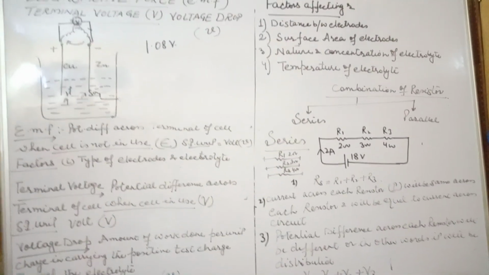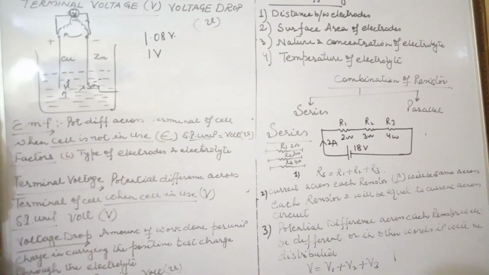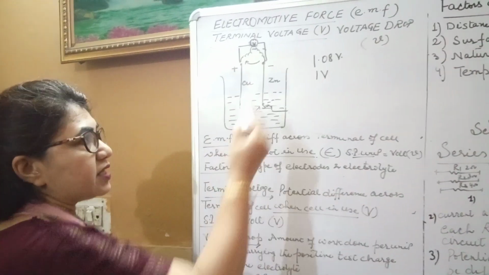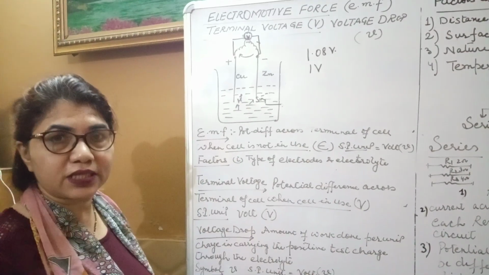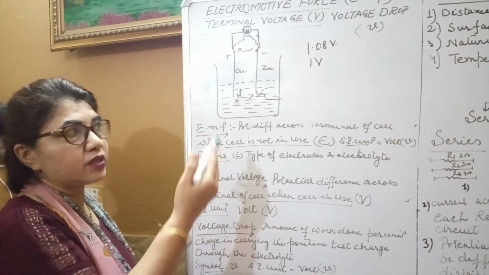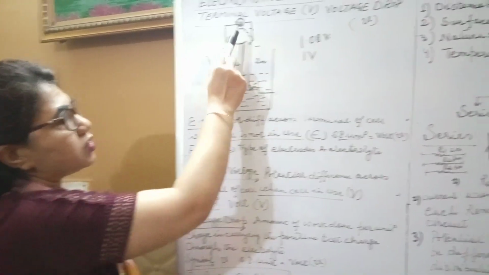When you switch on the cell, suppose this voltmeter shows a reading of 1 volt. You are really surprised how that has happened. You brought a new cell on which is written 1.08 volt, but as soon as you switch on the torch, the voltage shown by the voltmeter is 1 volt.